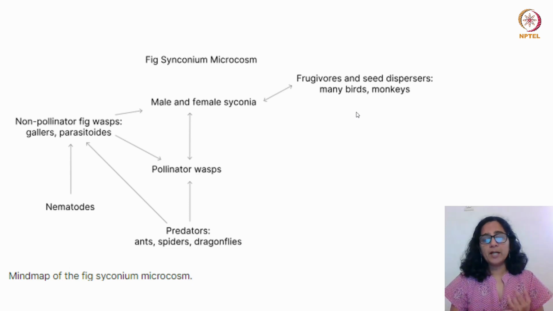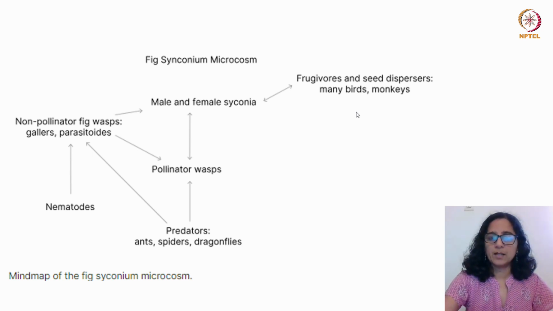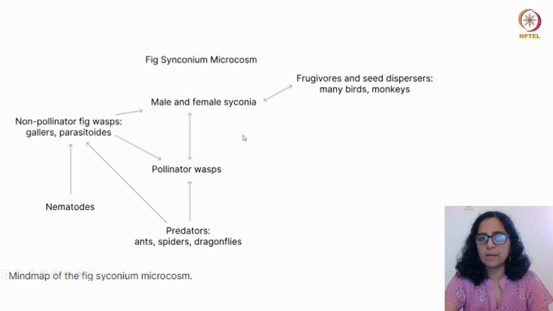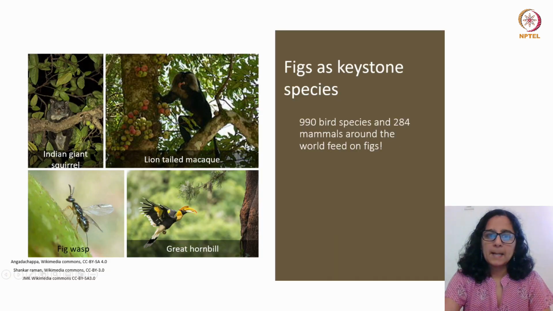So there is predation, there is parasitism, there is mutualism, there is cheating. There is mimicry going on with respect to those chemicals. So there are all kinds of interactions going on in this fig syconium. That's why it's known as the fig microcosm, right? And this is how you draw a mind map of all these interactions.